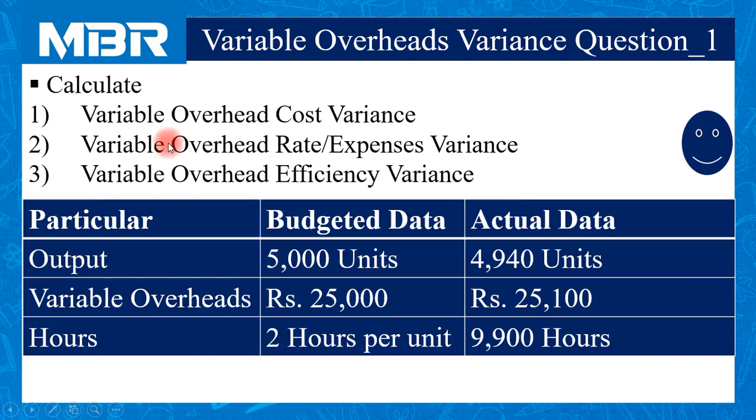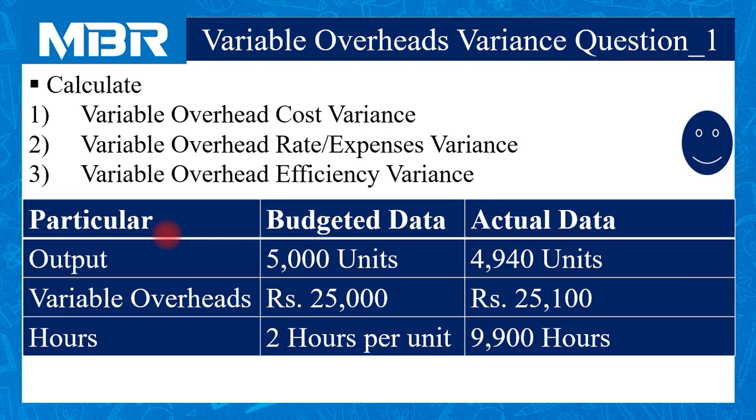Information is provided by the examiner in a tabular form. Particular, budgeted data, actual data. Budgeted output is given as 5,000 units, while actual output is 4,940 units. Budgeted overheads are decided as rupees 25,000, against which the company has paid 25,100 in actual.